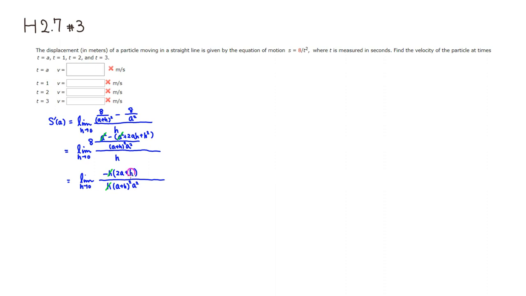Then h is going to 0, so this term basically disappears. You have a here, so we can cancel one of the a's. It's kind of hard to see, but what's left is, oh, actually, I forgot the 8 there, so the 8 is still here.